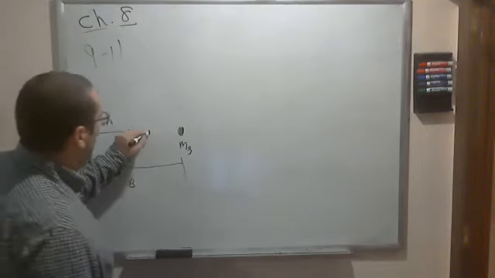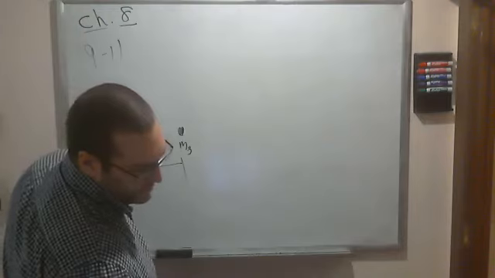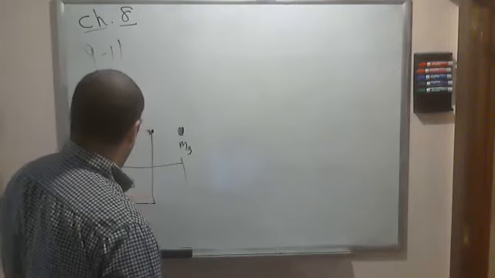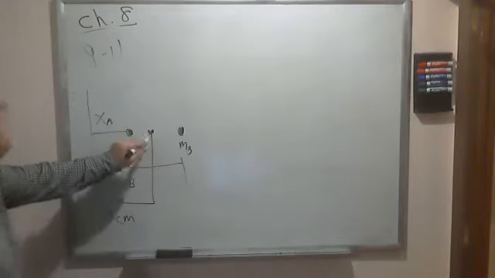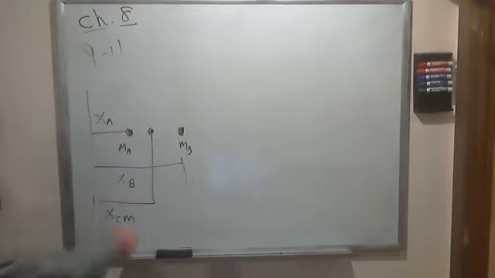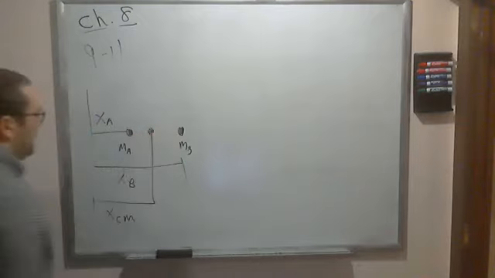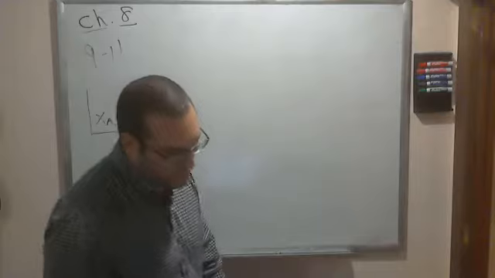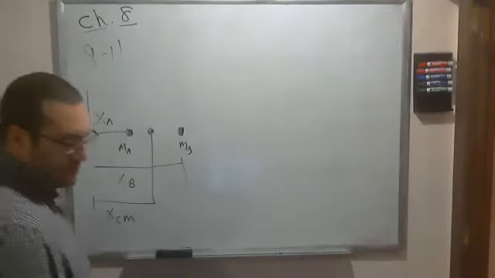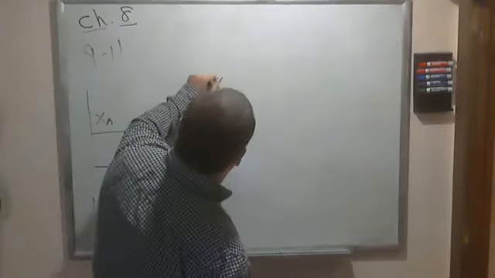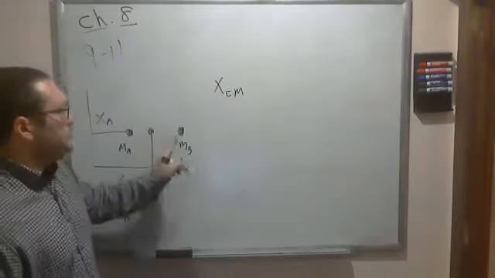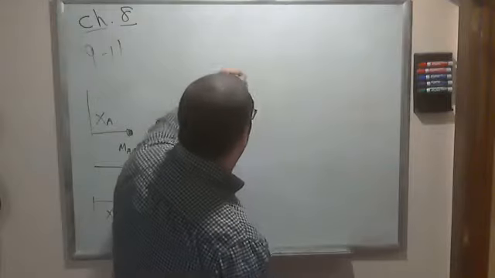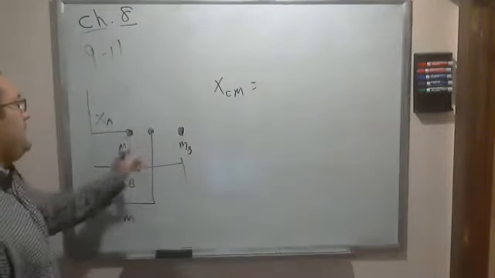The way we find this position, X center of mass, where these two objects would sit, the center of mass, would be just the weighted average of the two positions. And it's weighted by the mass.